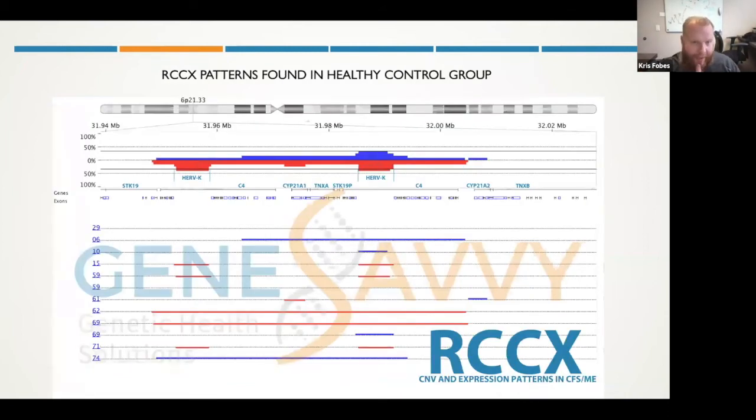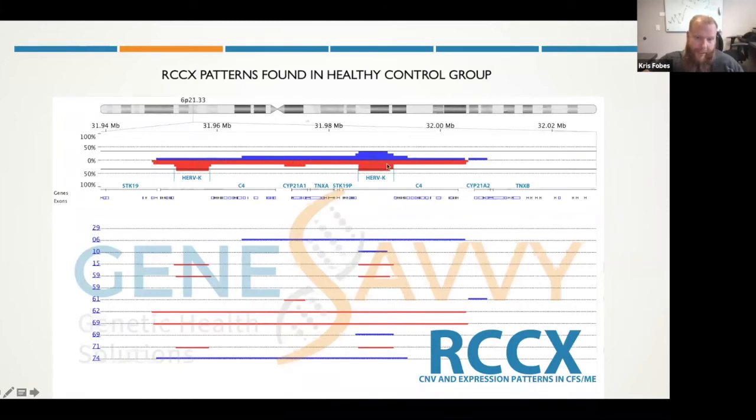This was a study that we did to look at RCCX patterns in healthy controls. What we saw, at least in this little group, was an underrepresentation of HERV-K and excessive amounts of C4 or RCCX copies.